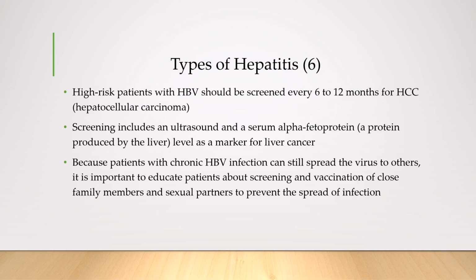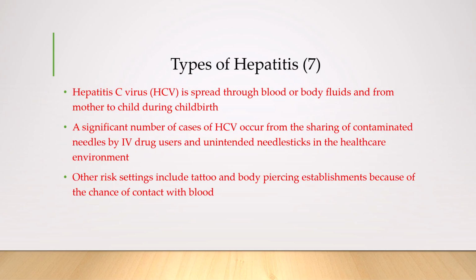So we're going to do this level and we are going to look at it as a marker for liver cancer. Because patients with chronic hepatitis B infection can still spread the virus to others, it is important to educate these patients about screening and vaccination of close family members and sexual partners to prevent the spread of the infection.